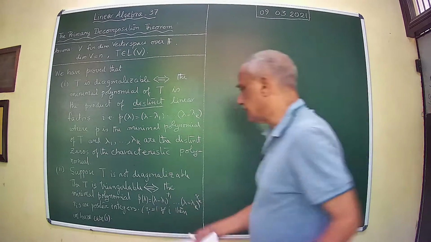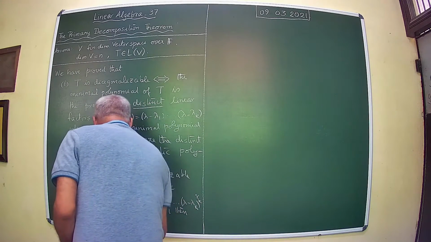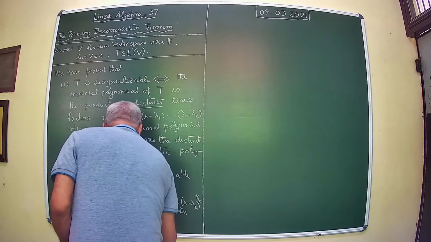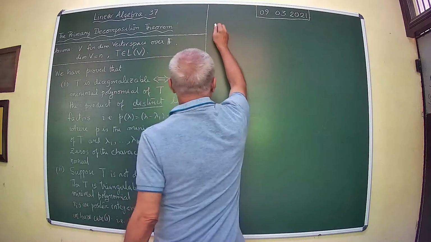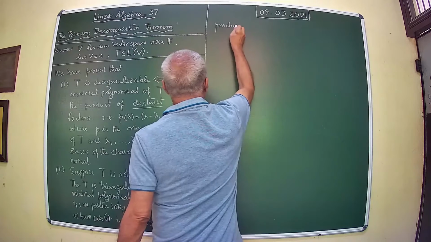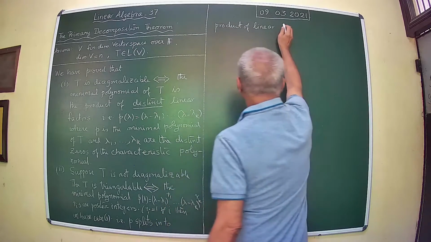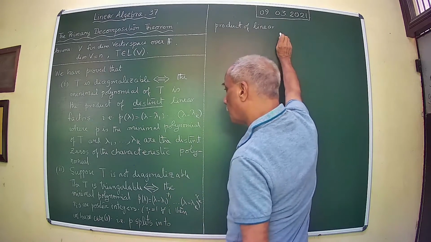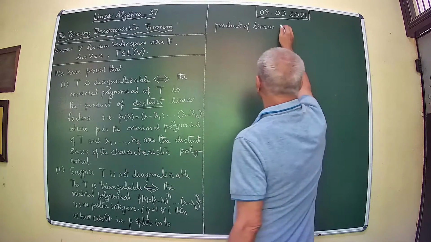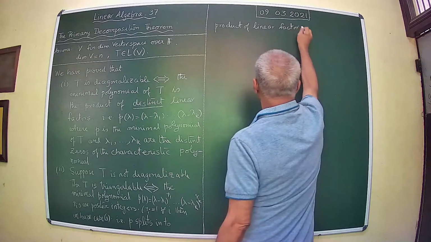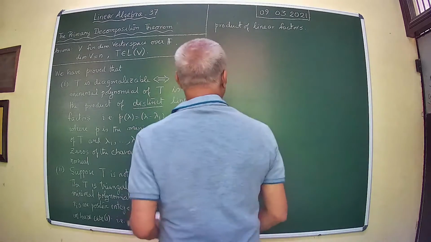But the important thing here is that this p splits into a product of linear factors, and we don't use the word distinct here.